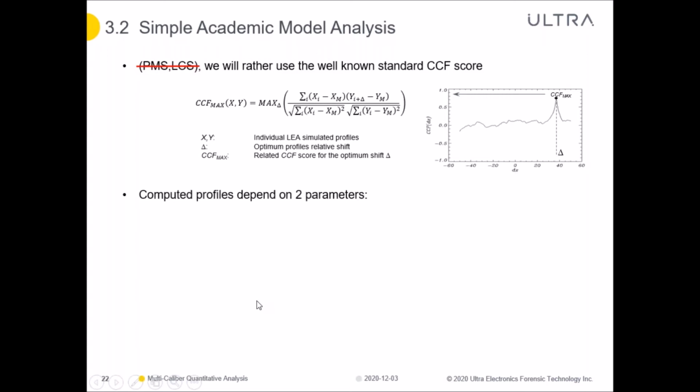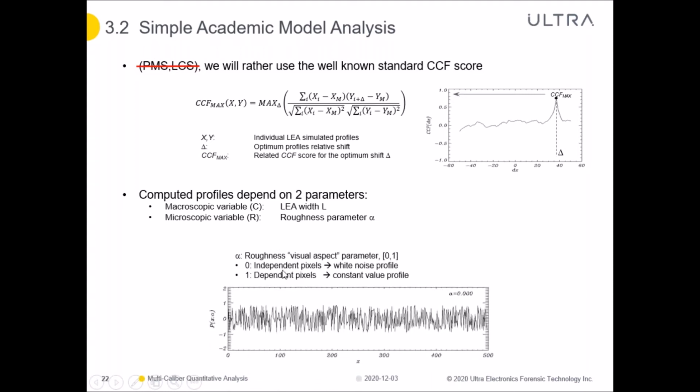The computed profile in my model depends on two parameters. The first one is the lead width. The second one is a roughness parameter, alpha. Physically, alpha is more a roughness visual aspect tuning parameter that we can change from 0 up to 1. If we choose 0, it means all those pixels are totally independent, so we are basically generating a white noise profile.